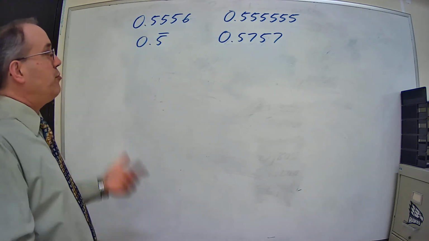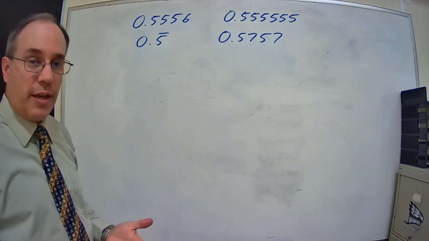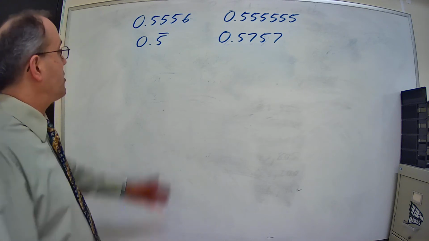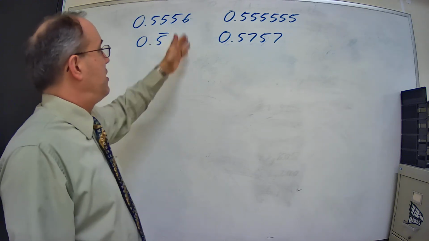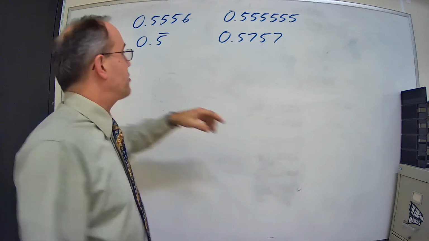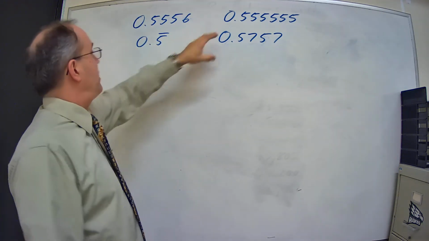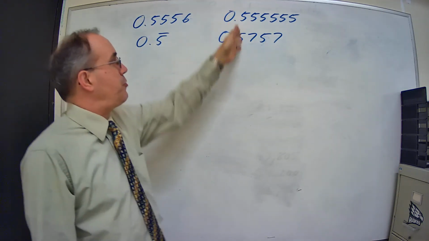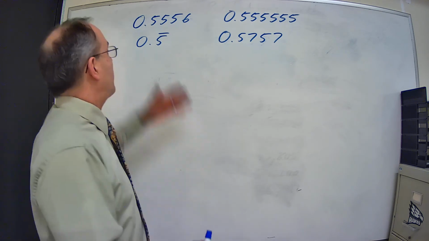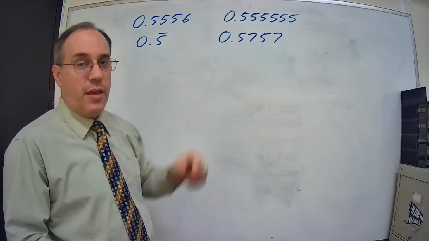Well, we have to recognize what they're doing. We're always comparing the first place value and working our way across, so we match up. We've got zeros in the ones place, so we're comparing the tenths place. So we can see that that comes out all the same with this.